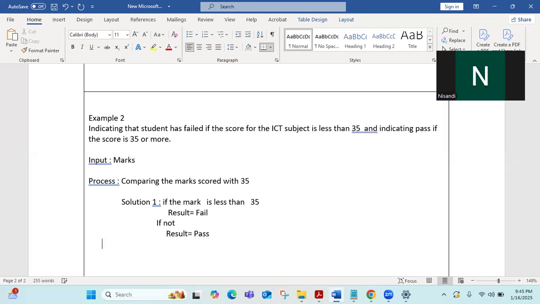So solution 2 will be, what is solution 2?